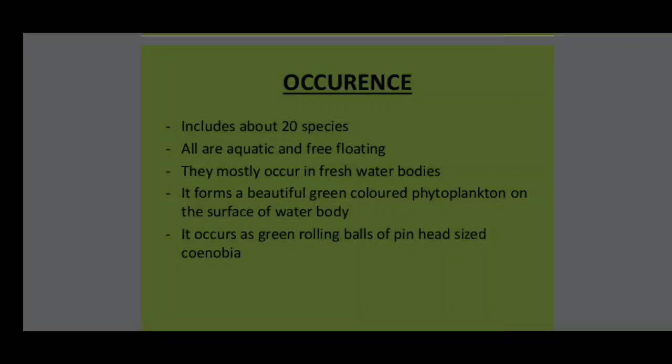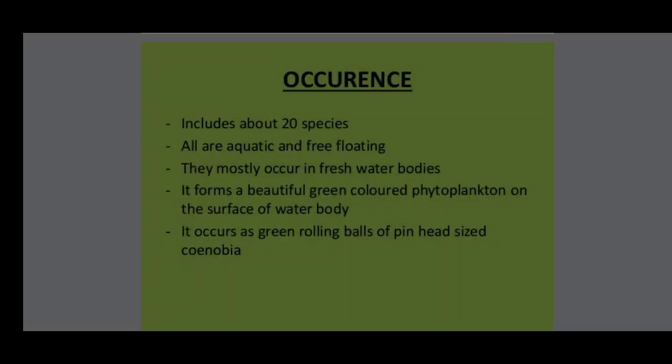These are all aquatic and free-floating members. They mostly occur in freshwater bodies like lakes and ponds. They form a beautiful green phytoplankton on the surface of the water body. The ponds and lakes appear green because of the Volvox floating on the surface of the water.